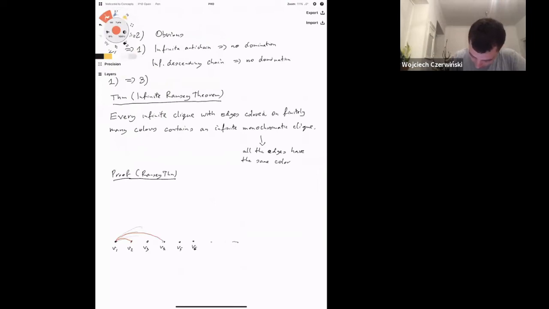Maybe red goes to v7, and so on, infinitely many of that. Okay, so this is our first step. And we start ignoring those vertices such that from v1 there is an edge which is not red. So we ignore v3, we ignore v6, and so on.